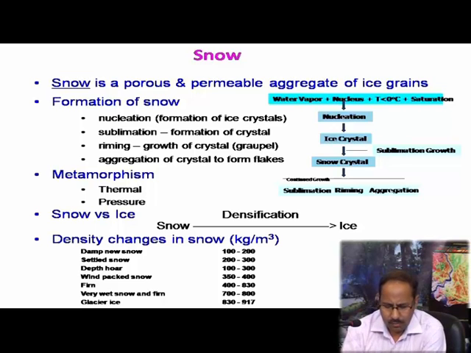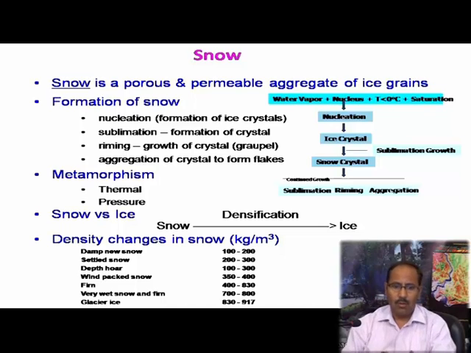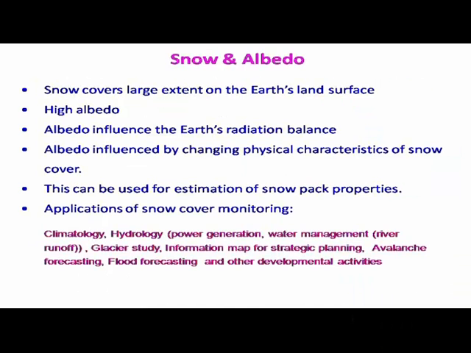So this is just a brief about the snow, and now you will see that snow covers a very large extent on Earth's land surface, and it has a very high albedo, and because of that it influences the earth radiation balance. This albedo also changes with the changing physical characteristics of snow cover.